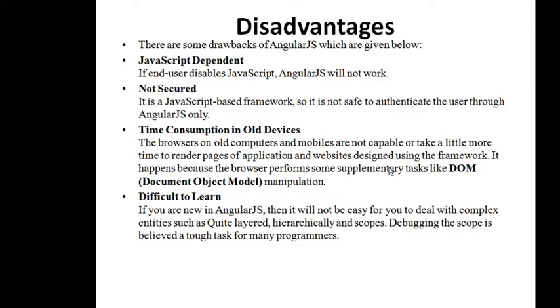Now next we are focusing on the disadvantages or drawbacks of AngularJS. There are some drawbacks of AngularJS which are given in the slides. The first disadvantage or drawback is that AngularJS is JavaScript dependent.